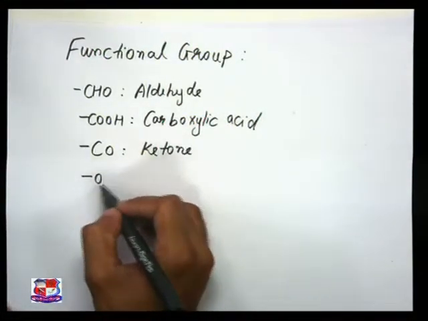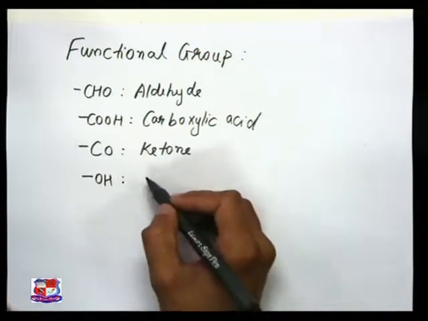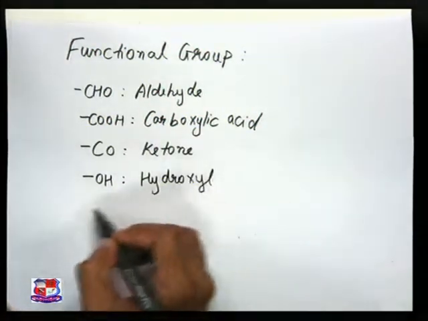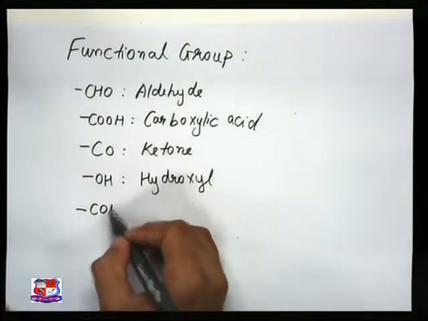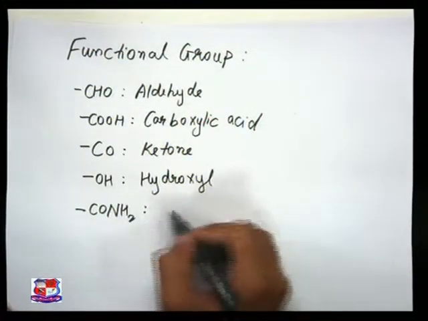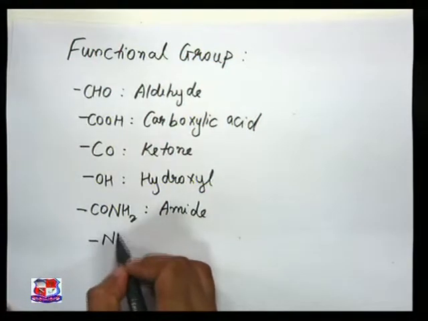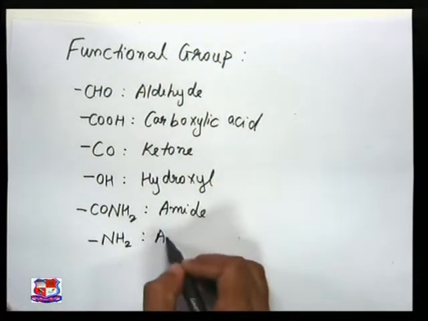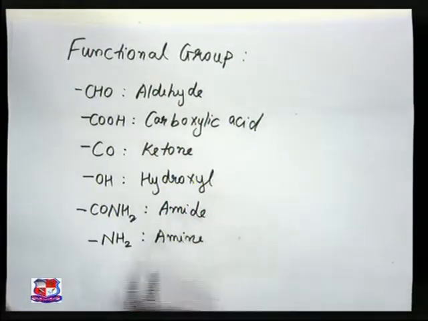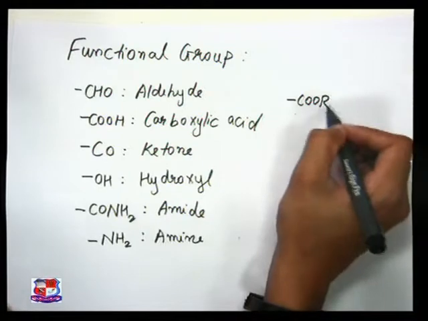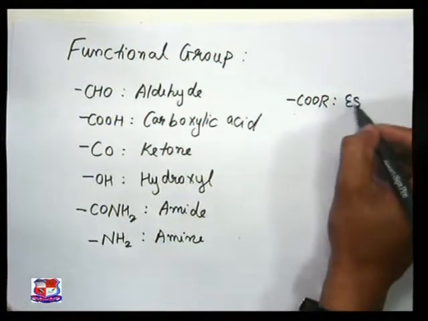The OH group is the hydroxyl group. The CONH2 group is the amide. The NH2 group is the amine. All this is fundamental. Apart from this, COOR is the ester group.